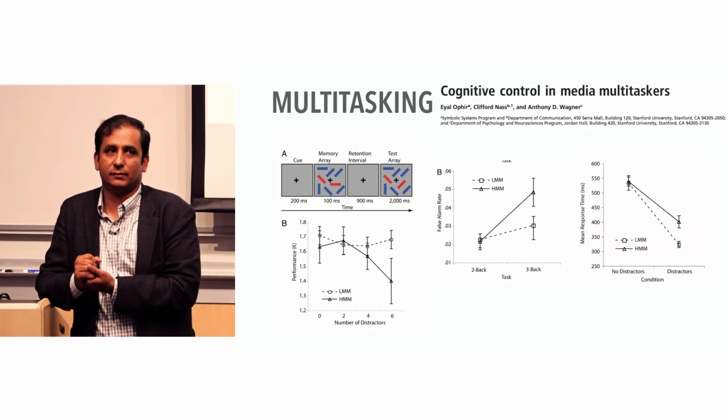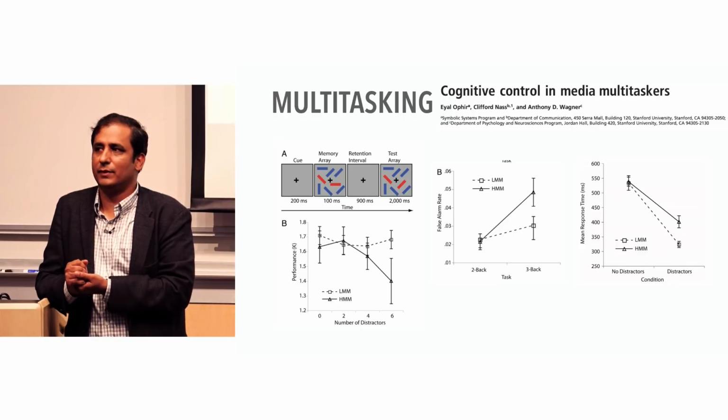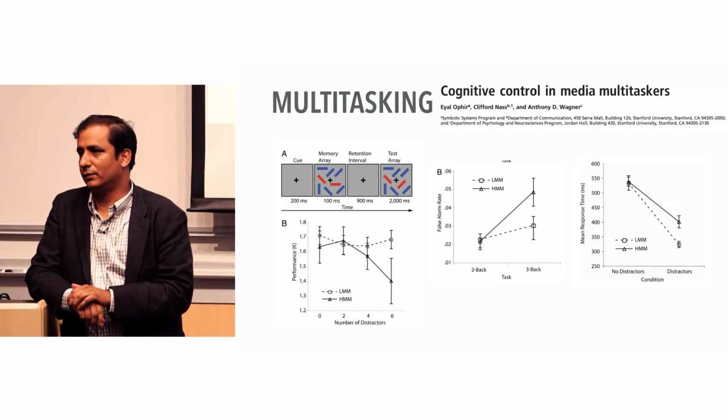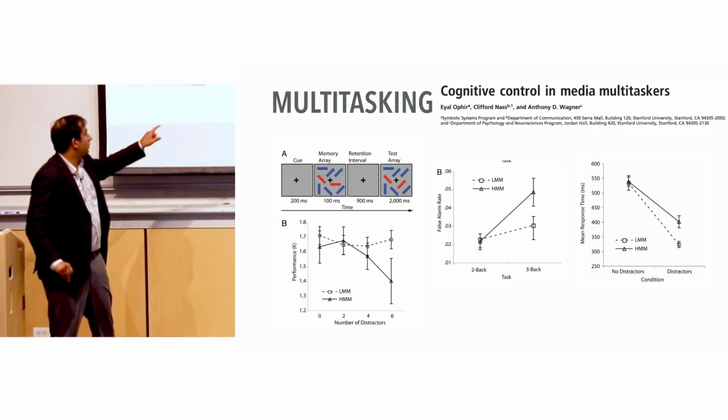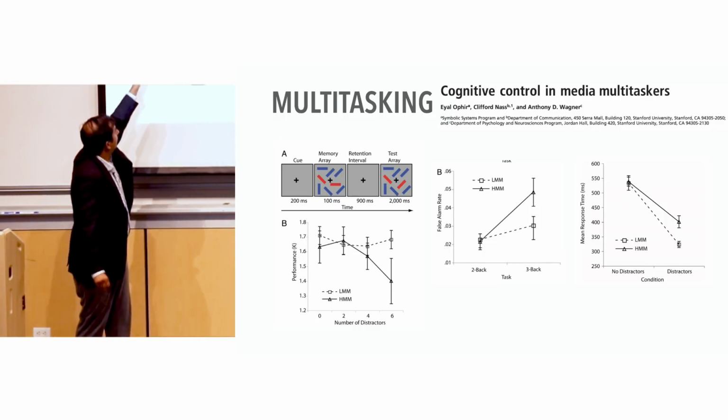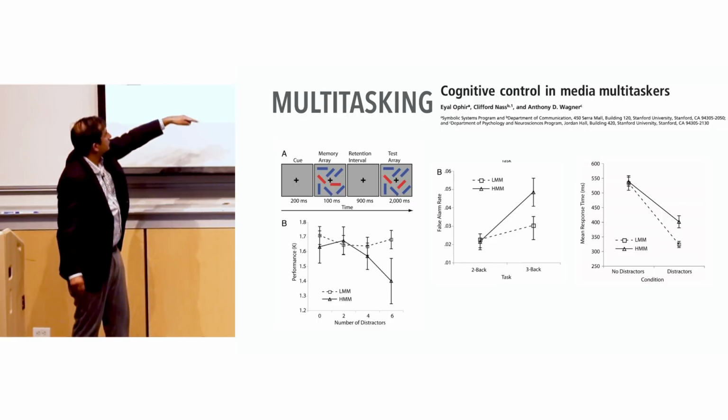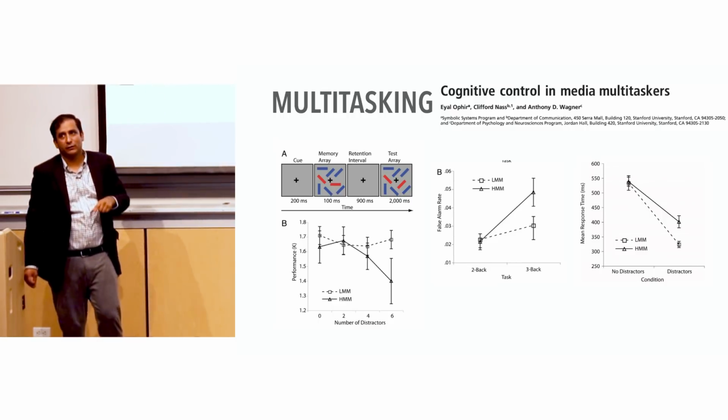And the idea was to debunk the myth that multitaskers are better at handling distraction and stuff like that. And they showed that high multitaskers' performance actually tumbles down when you simply increase the blue bars.